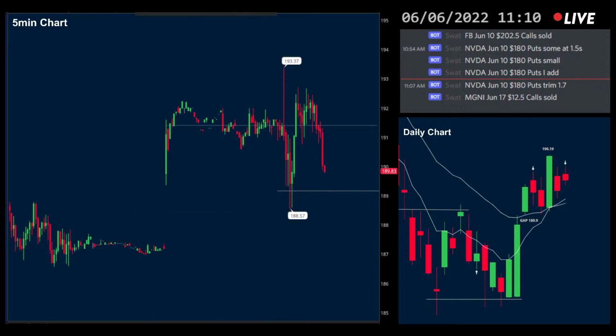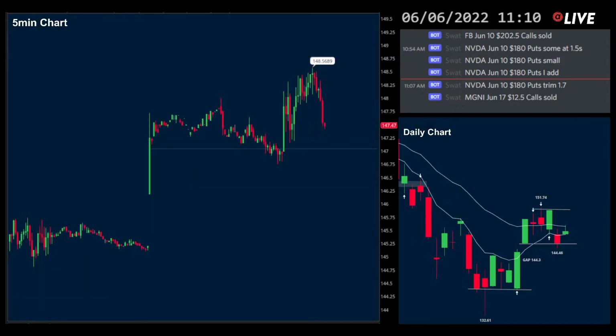Here we go. Come on. AMD new lows on the day. So SPY fading. Apple now coming.